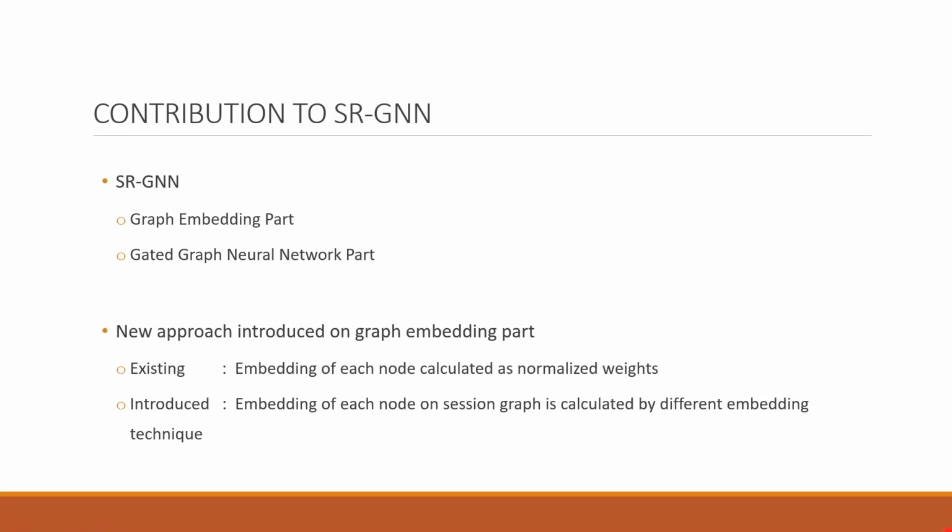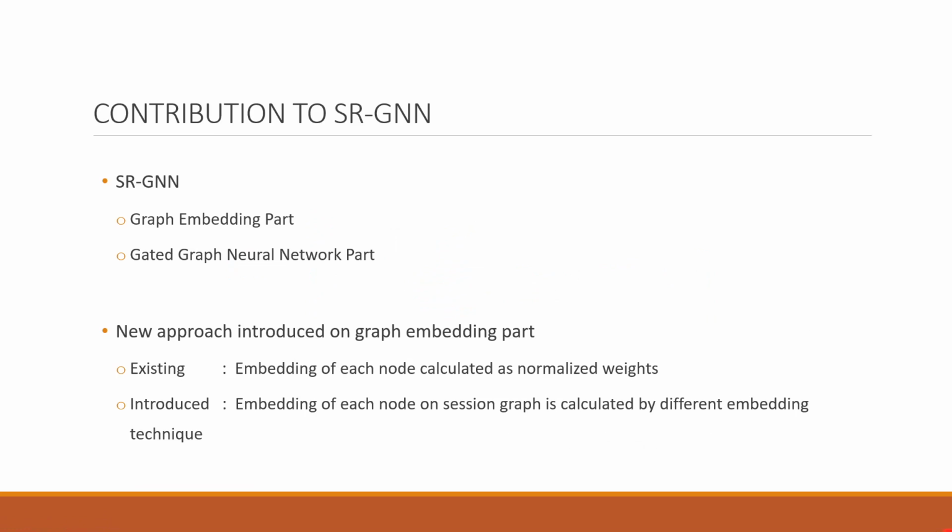Okay, let's come to the part that describes our contribution to the current model. As I said previously, a vanilla SR-GNN model comes with two major parts, the graph embedding part and the gated graph neural network part. Our study mainly focused on the embedding layer of the current model.